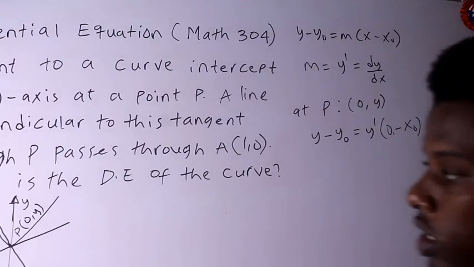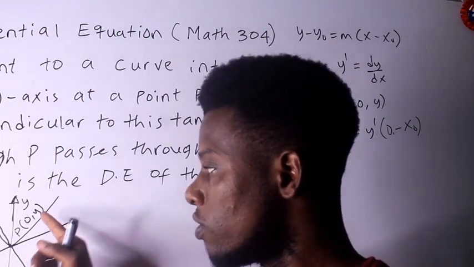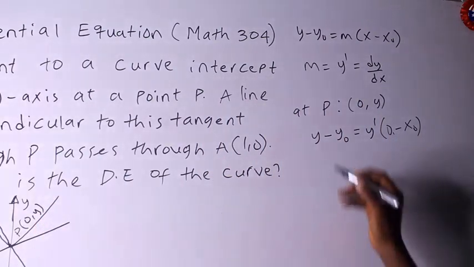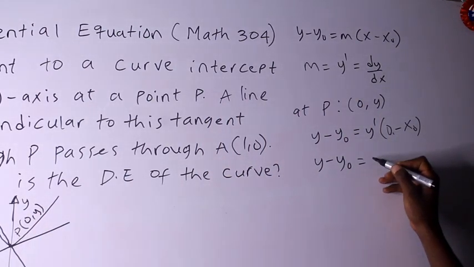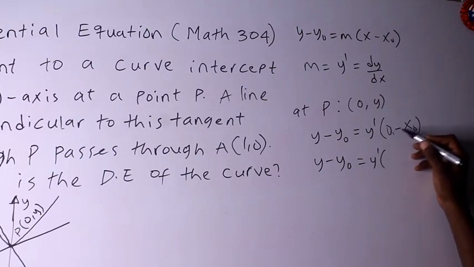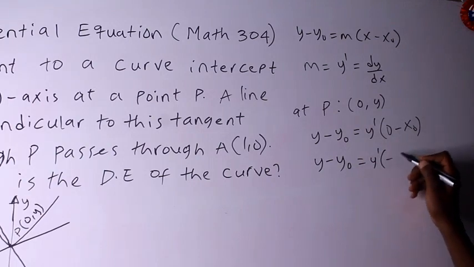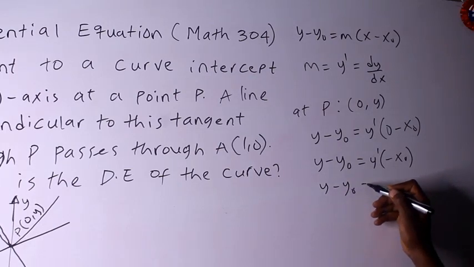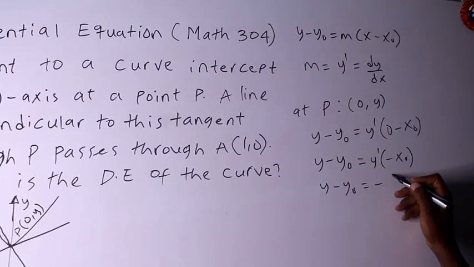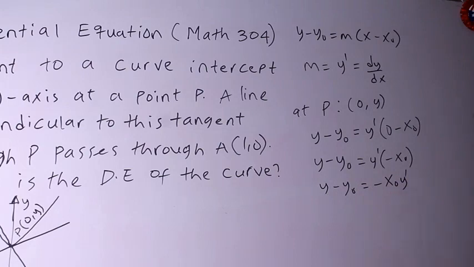So we want to find the coordinate of this point P, defining y. So y minus y naught is equal to y prime times (0 minus x naught), which is negative x naught. So y minus y naught equals minus x naught y prime. Now you can solve for y by sending y naught across.